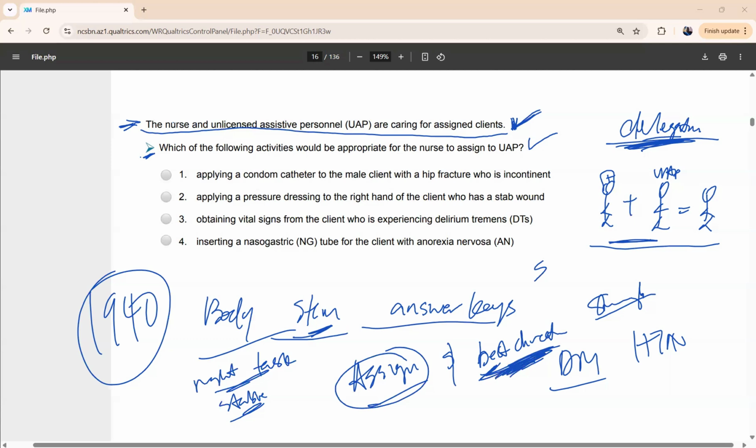I thought either the NCLEX will test you on who you are going to assign to what, an RN, LPN, or UAP, or they are going to give you various assignments, and they will tell you the RN is working, the LPN is working, the UAP is working, and then you look for the particular tasks that you're going to assign to the LPN. So this was all my thinking.